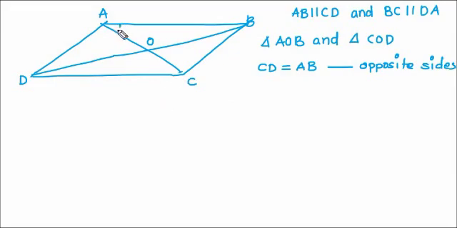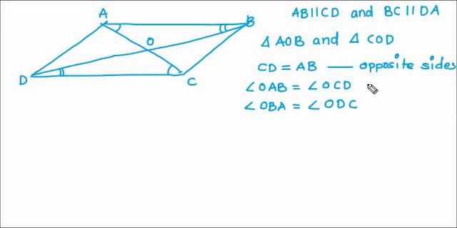And the angle OAB is equal to angle OCD. Why? They are alternate interior angles. And same way, angle OBA is equal to angle ODC. Both these are alternate interior angles.